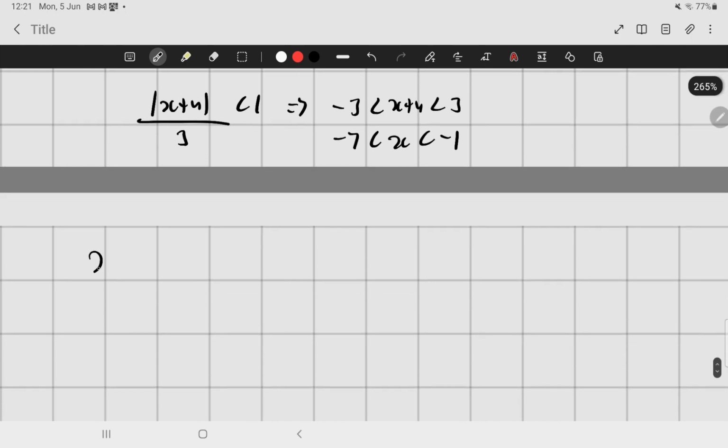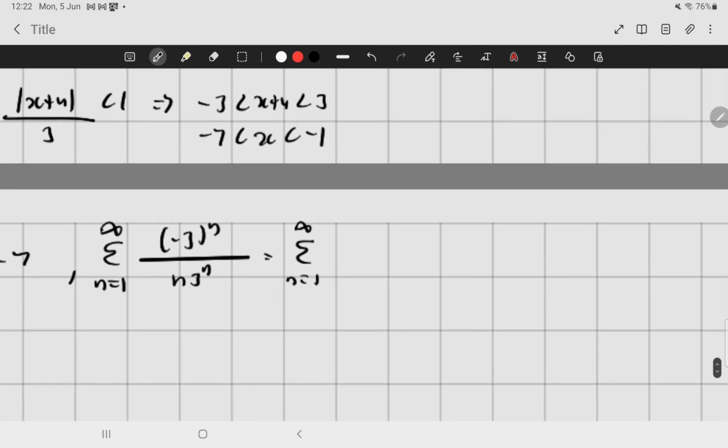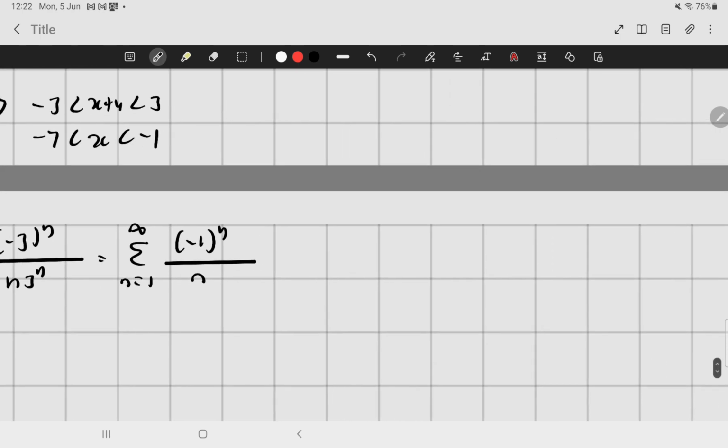So x is equal to -7. Now when x is equal to -7, our series will be -3 to the power of n over n 3 to the power of n. And when we simplify it further, we are left with an alternating harmonic series. Now we know that an alternating harmonic series converges conditionally.